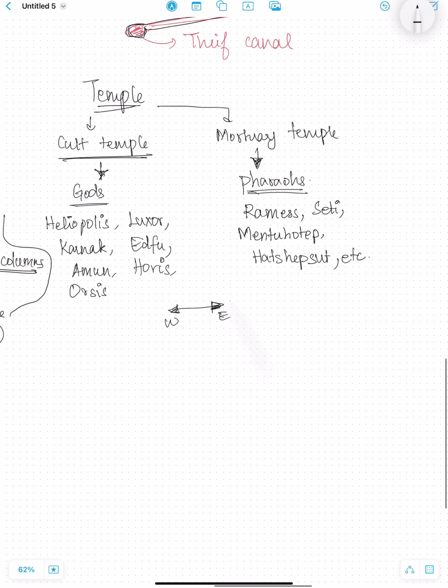So it depended upon the way the sun rises and sets. So most of the temples were in the axial direction of east to west.